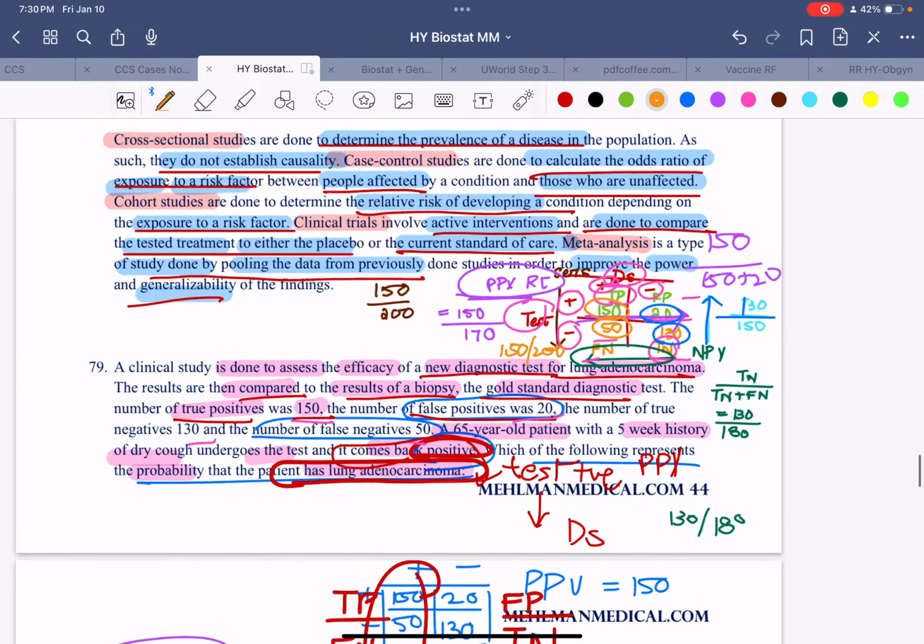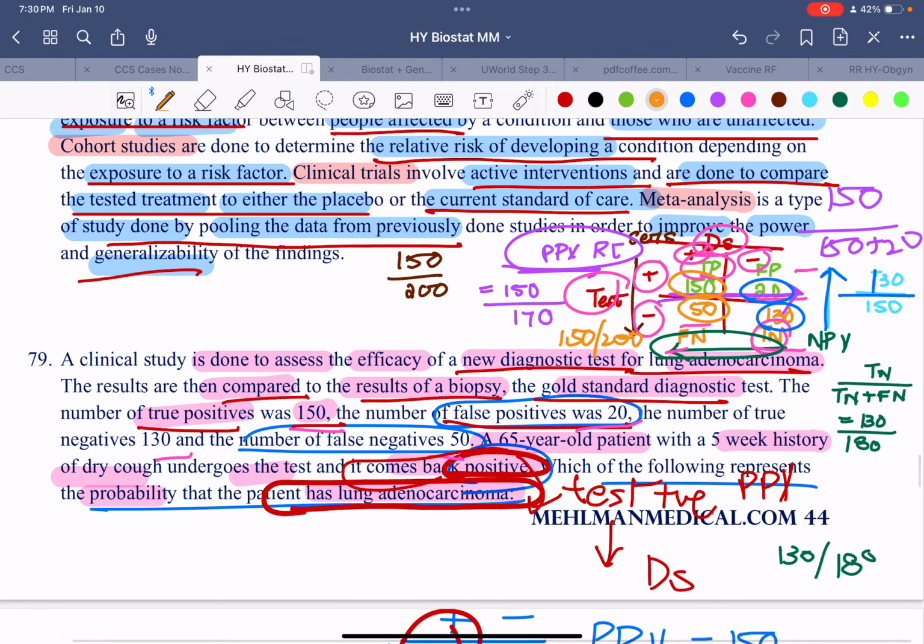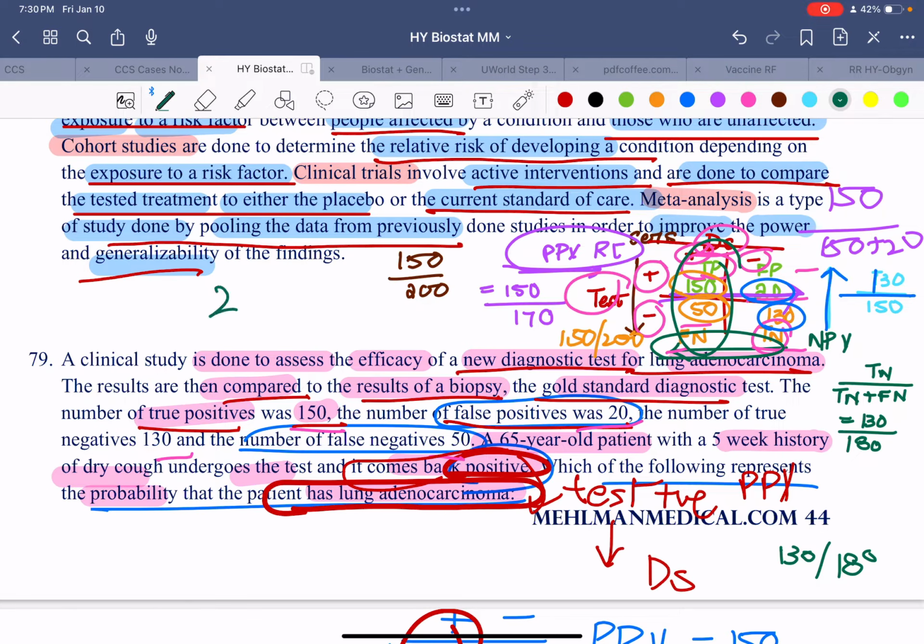Let's do this together. If we put the values of true positives and false negatives, the persons who actually had the disease, that would be 200 divided by the total number of people who were in this particular study, that would be 150 plus 50, 200, along with this was 20 and 130, right? So 200 plus 150 would make 350.